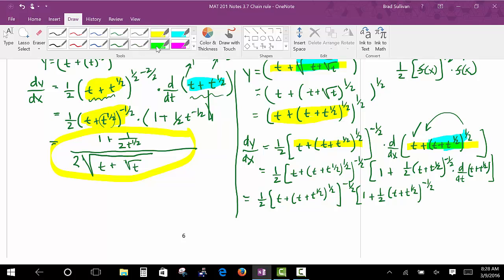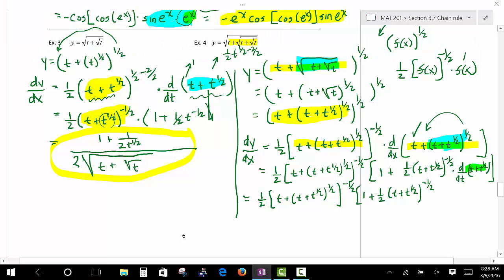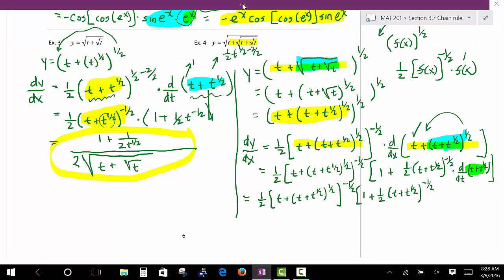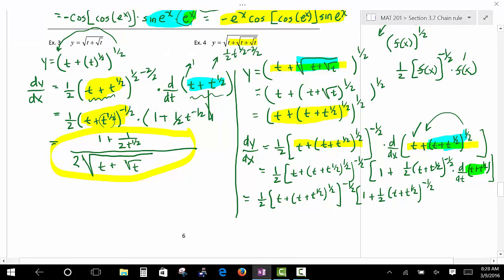That'll be good enough for what we're learning. So you can do that derivative in your head, I think. What's the derivative of t? 1. And the derivative of t to the 1/2 is 1/2 t to the negative 1/2. That's good enough. There's a lot of things you could do on that, but that's good enough.